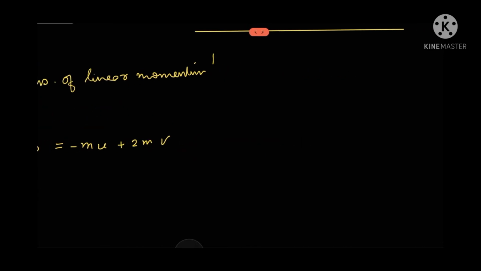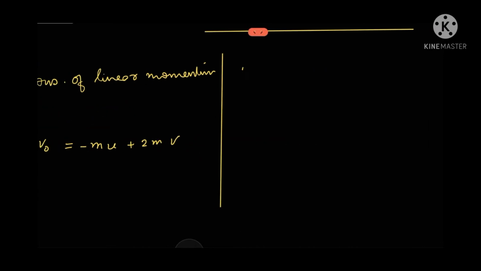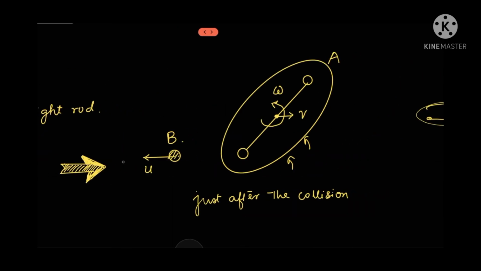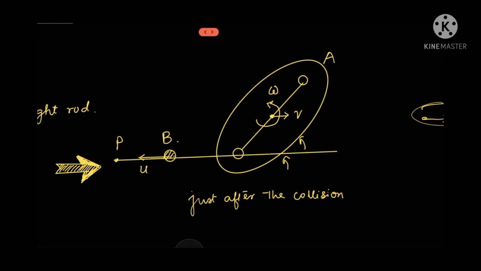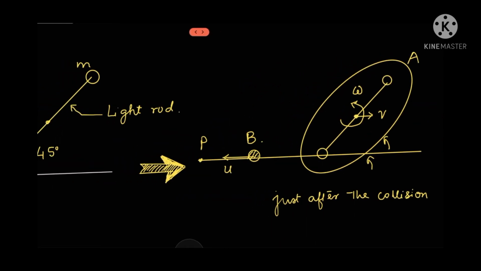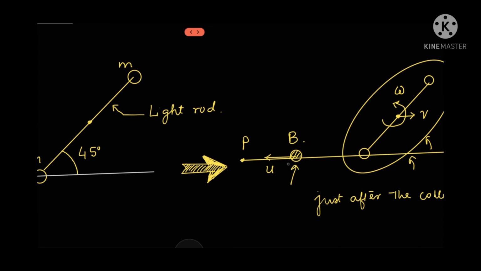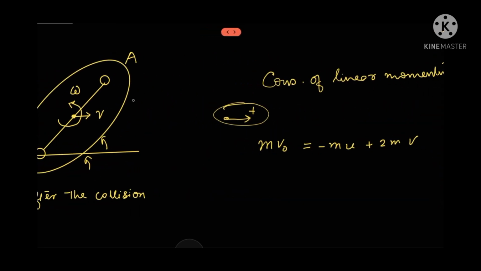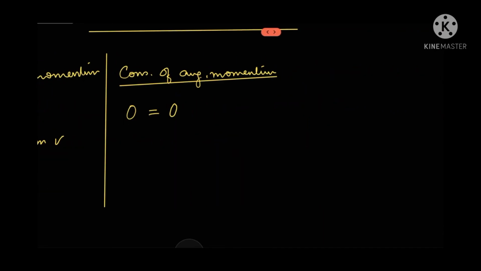Now we have to apply conservation of angular momentum, because there is no torque acting on the system. Suppose we choose a point P in this line somewhere here, then before and after collision, this sphere will have zero angular momentum because its velocity is in the line of P. So this will have angular momentum initially and finally 0. Now we have to write angular momentum of system A, which we can write as angular momentum of center of mass plus angular momentum with respect to center of mass in two parts.